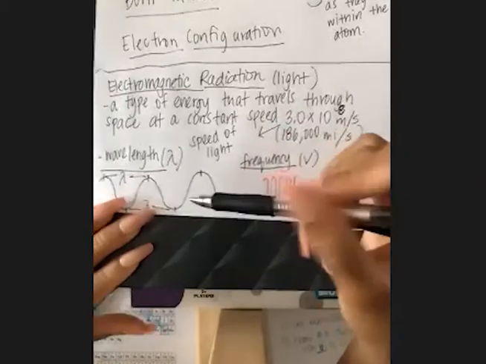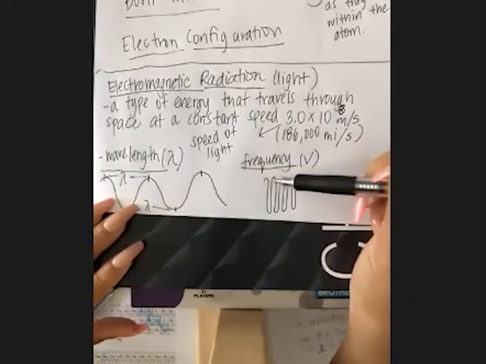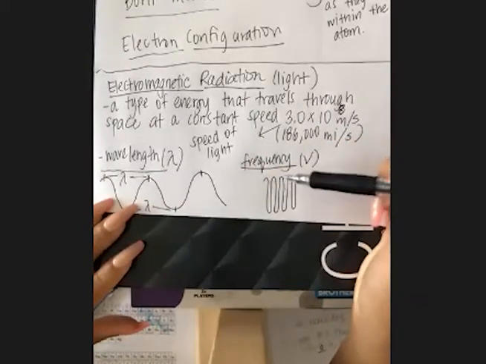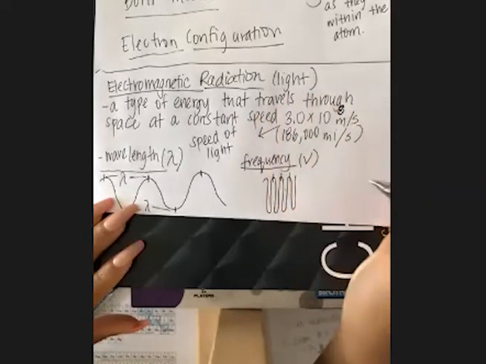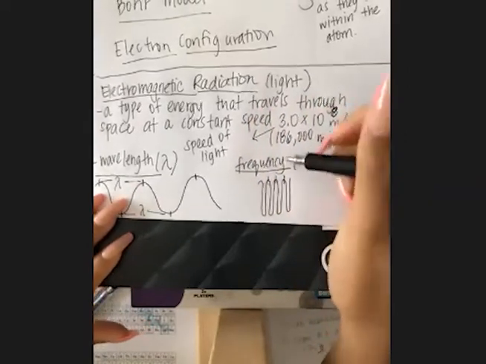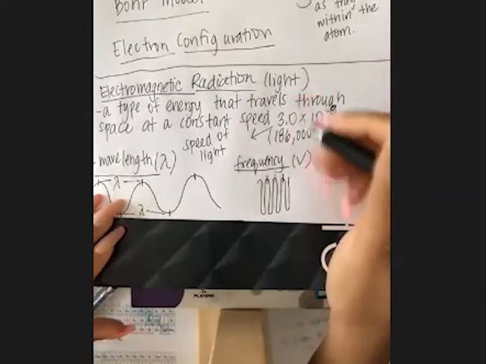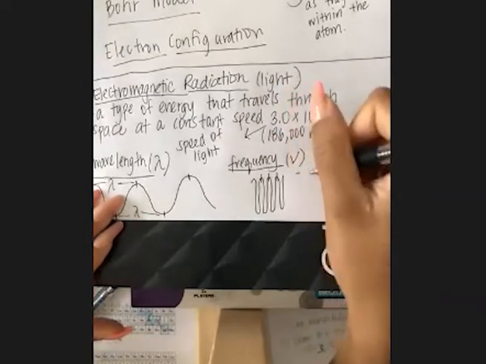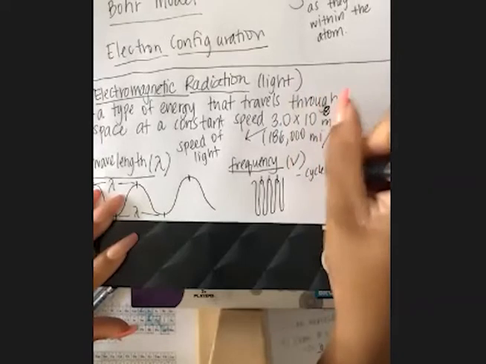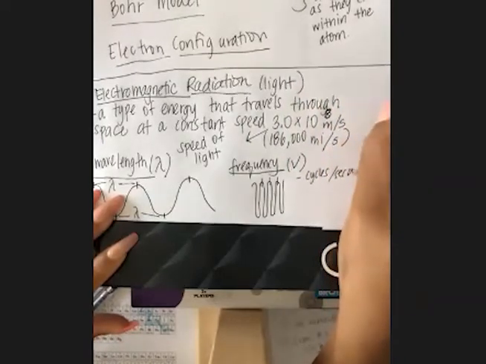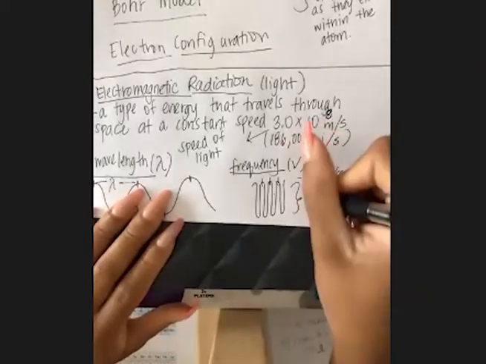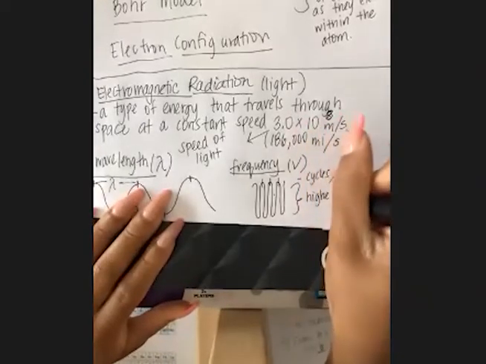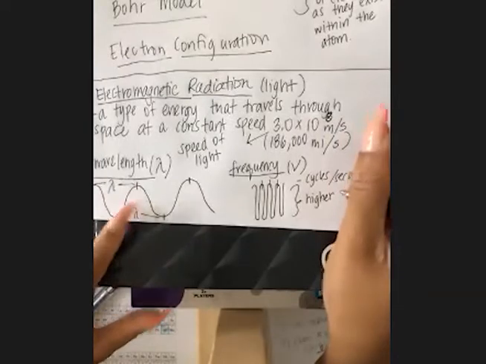If we compare these two wavelengths, this wavelength has a higher frequency because it has more peaks per second, or more cycles per second. So it's basically cycles per second. And we'd say that this has a higher frequency than this wavelength over here.